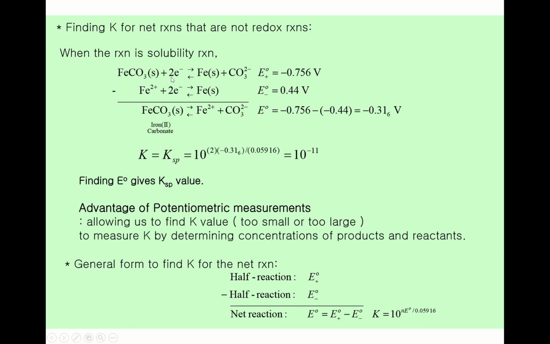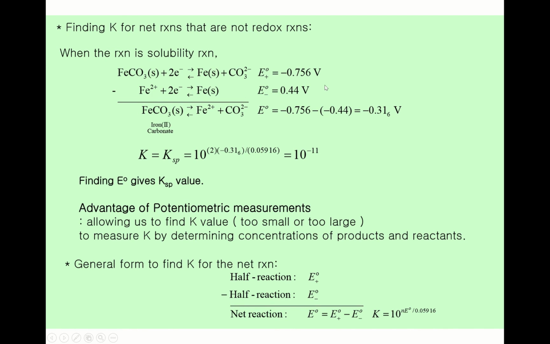It accepts 2 electrons to become iron and carbonate ion, and someone already measured the standard reduction potential for this one, which is minus 0.756 volt. Meanwhile, ferrous ion accepts 2 electrons to become iron, and this E0 equals minus 0.44 volts.